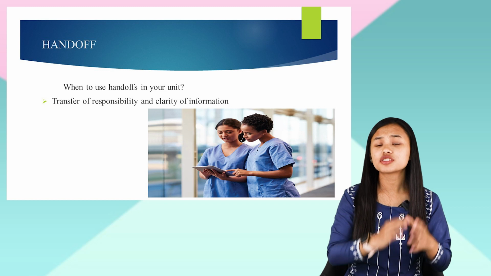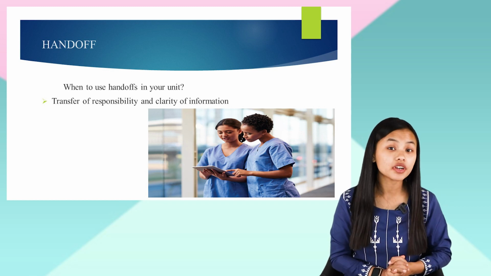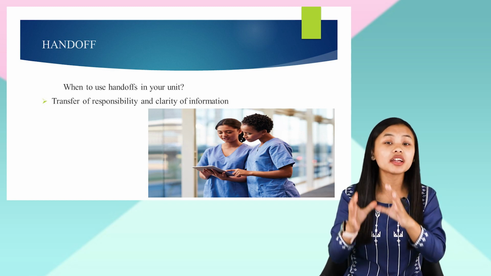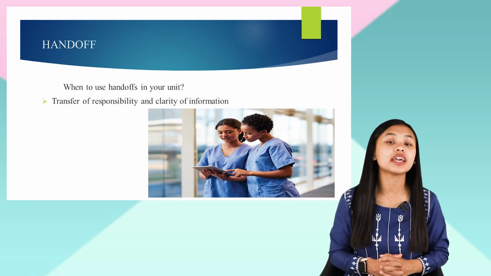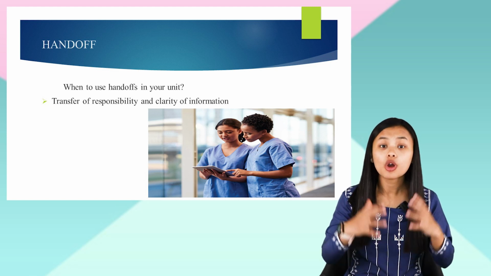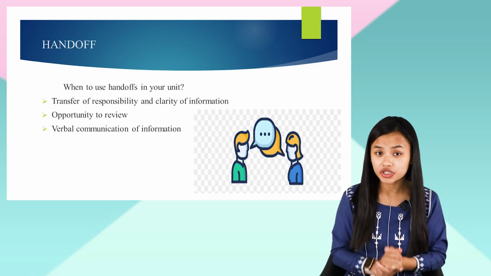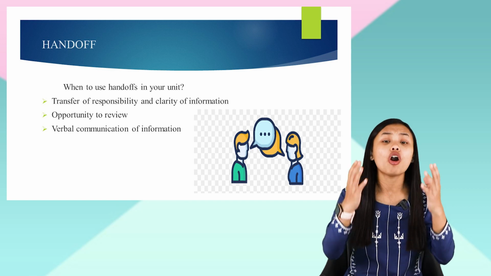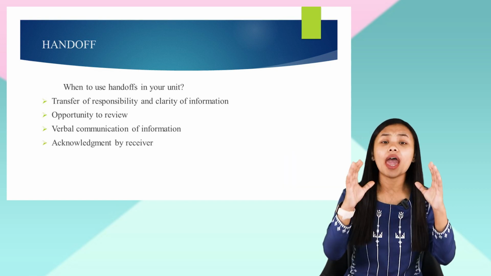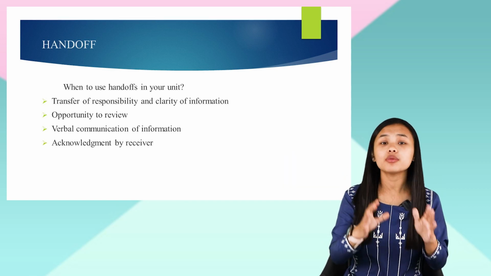So as nurses, when can we use handoff in our unit? We can apply this strategy when there is transfer of responsibility and clarity of information, when there is opportunity to review, as well as when there is verbal communication of information and acknowledgement by the receivers.